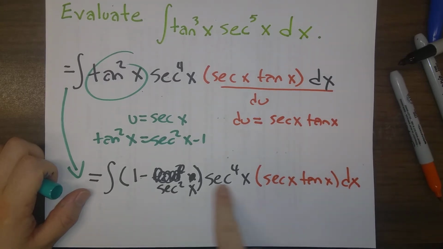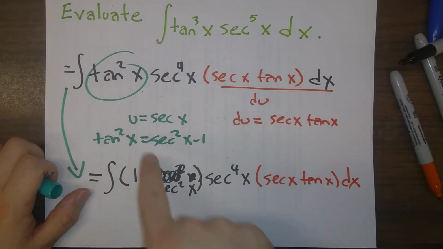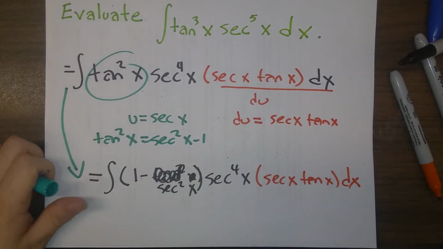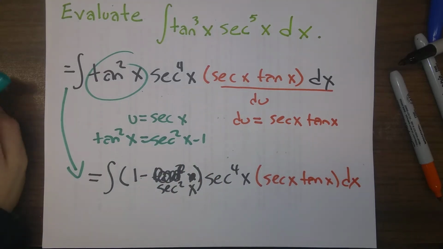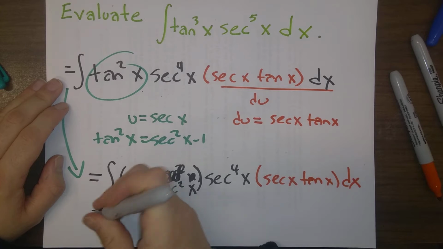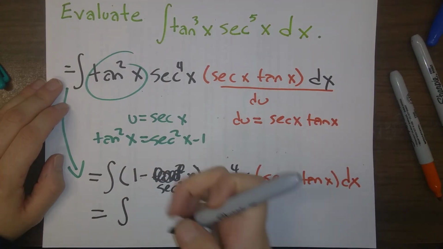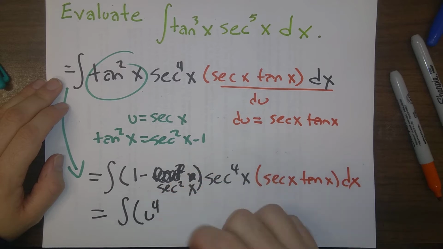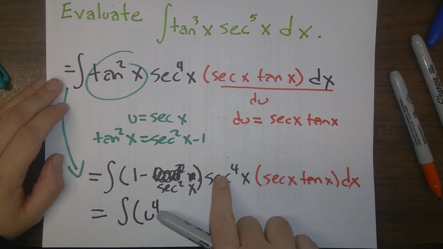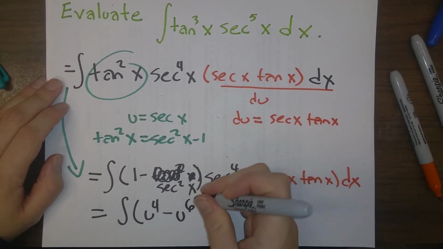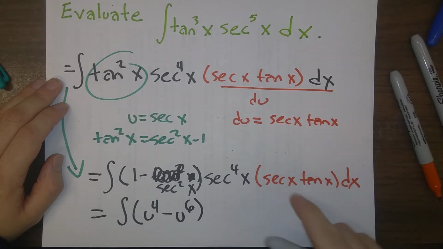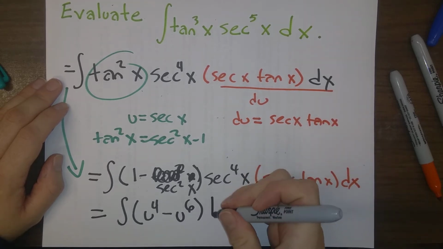And now we can go ahead and make a replacement. Everything over here, there are no tangents left, it's only secants. So this will be the integral of u squared minus 1 times u to the 4th, which is u to the 6th minus u to the 4th, and all of this becomes du.